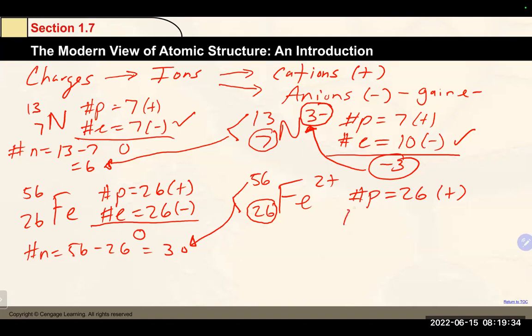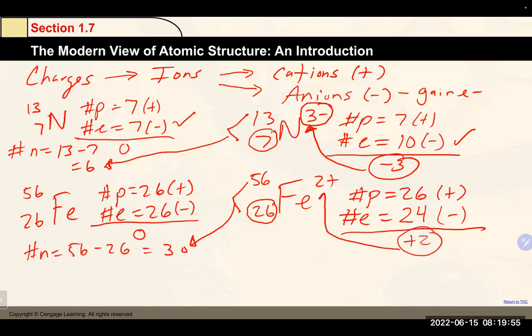So once again, it is the electrons that really determine the charge. In this case, the number of electrons would be 24 electrons. We have 26 positive guys, 24 negative guys. That leaves us a net of +2 left over, which once again is where the charge comes from. And when we look at a charge like this, kind of like the negative charge, it does tell us pretty much what happened.